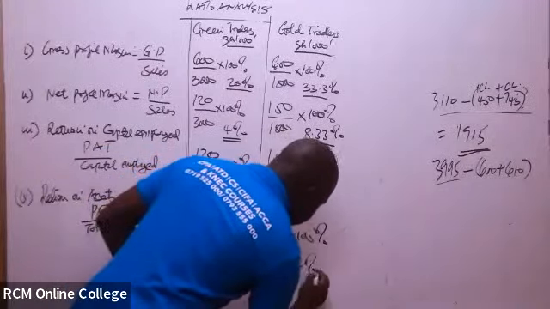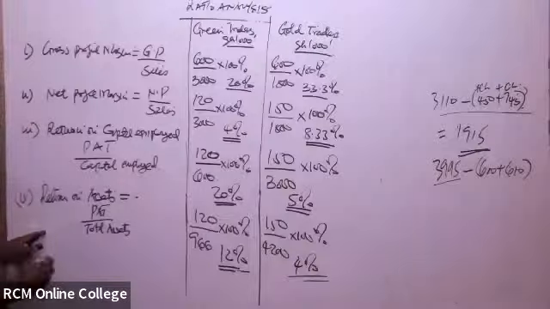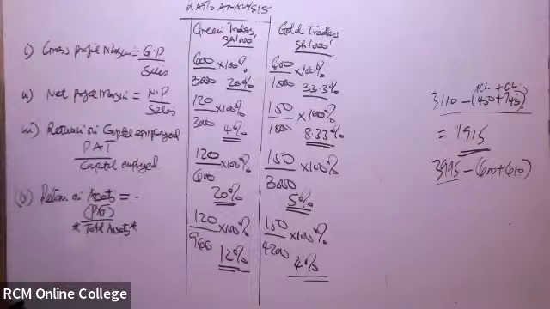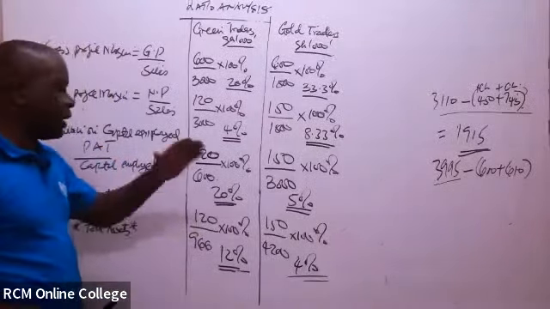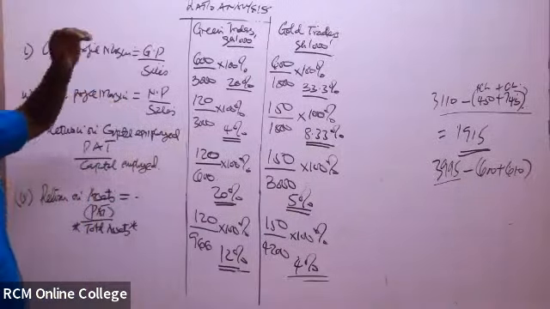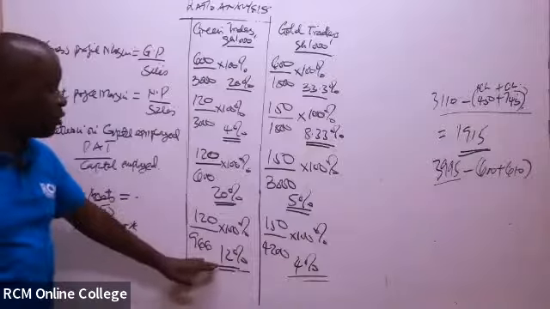So the return on assets basically measures how effectively you are using your assets to generate your earnings. It could be machineries. So if the percentage is very high, then you are very efficient in using your assets to generate your earnings. So it means this company is effectively utilizing their assets to generate earnings compared to what?